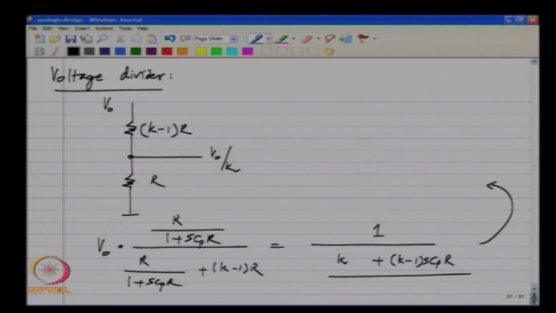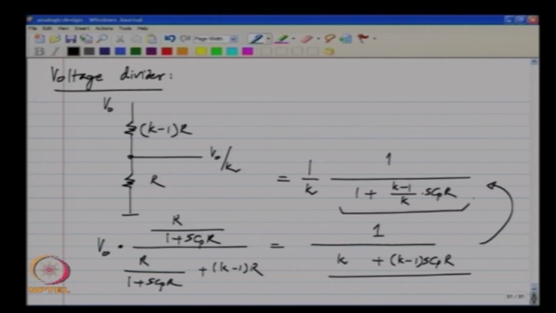And this I will rewrite by pulling out 1 by k outside. So, what this is saying is you have 1 by k, which is the value that you expect, times 1 divided by some term that contains a pole, some term that contains S. This part of the function is 1 at DC when S equals 0, and it keeps decreasing as S increases, as omega increases.